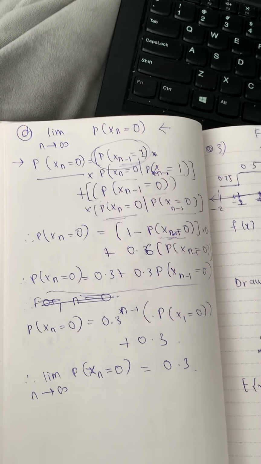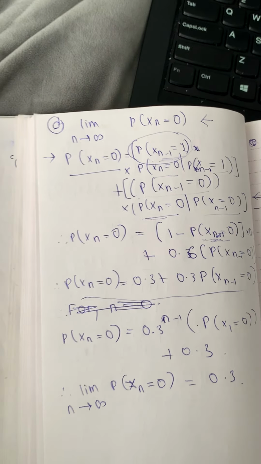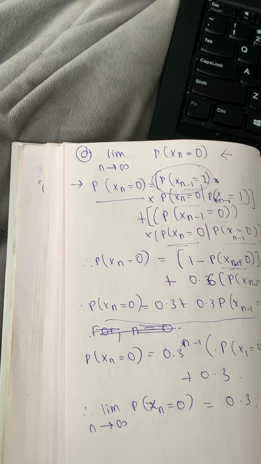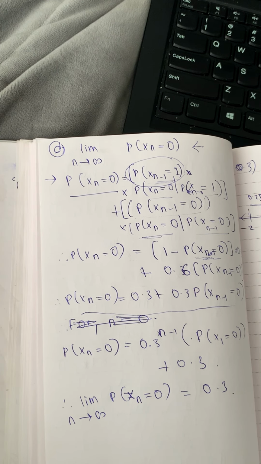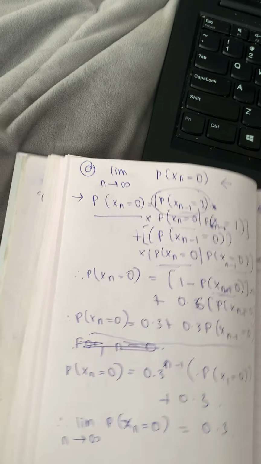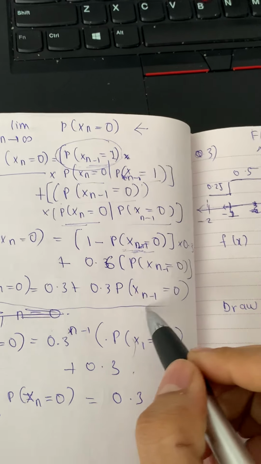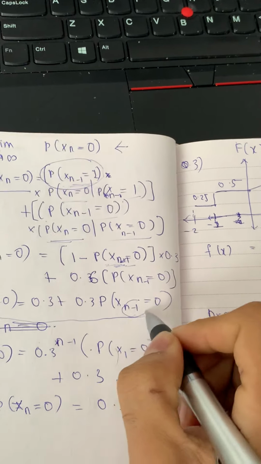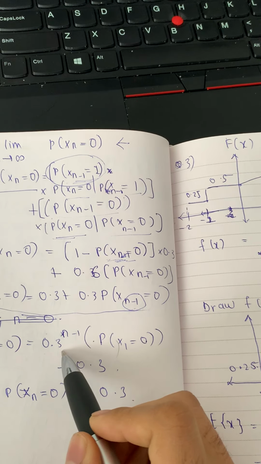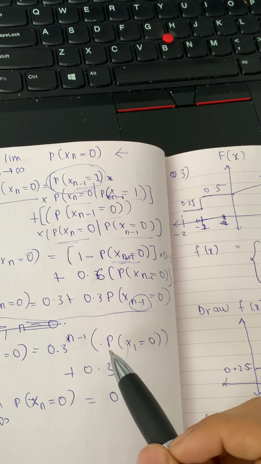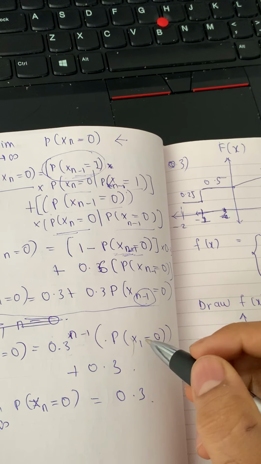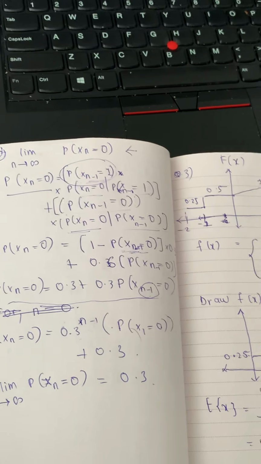Okay, so here, as we can see, now we have to add the limits. This part can also be written as 0.3 into n minus 1 into probability of x1 equal to 0.